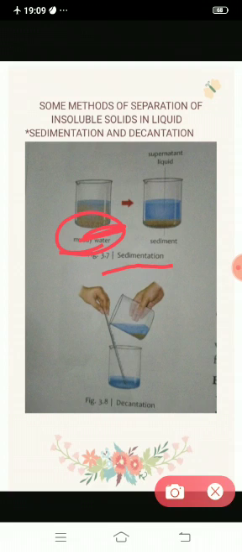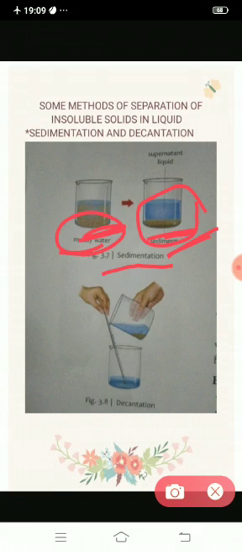We will allow the mixture to settle down for some time. The insoluble solid will not dissolve, and we will allow it to settle down and will not disturb the mixture.